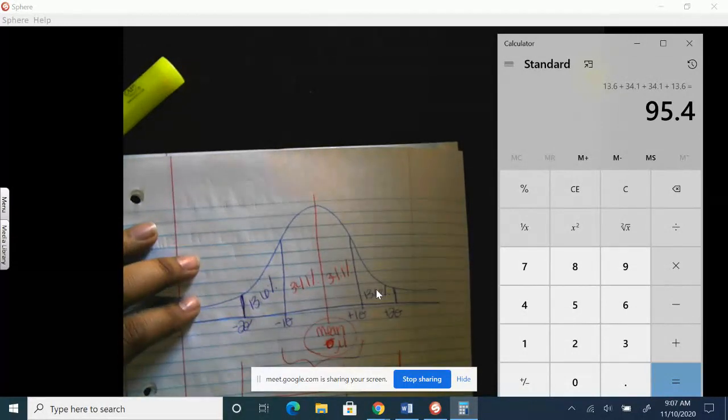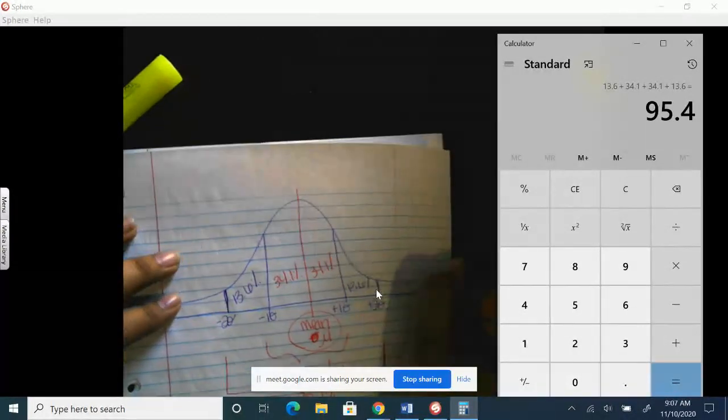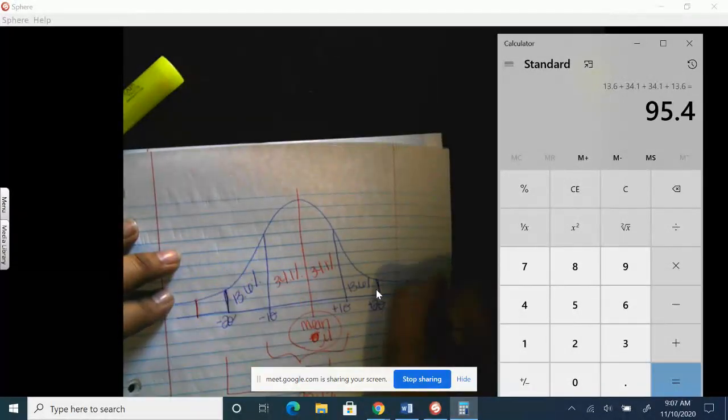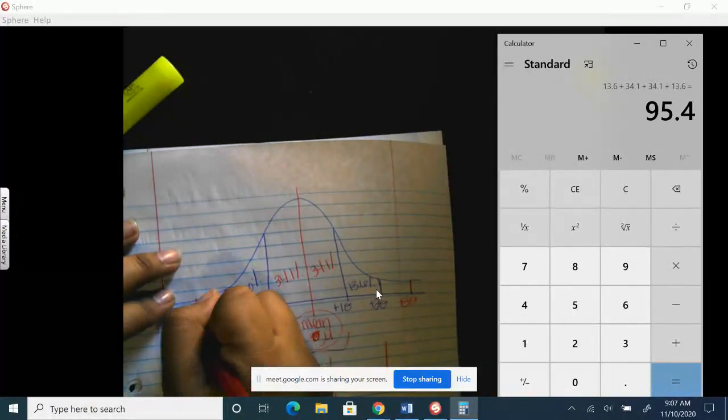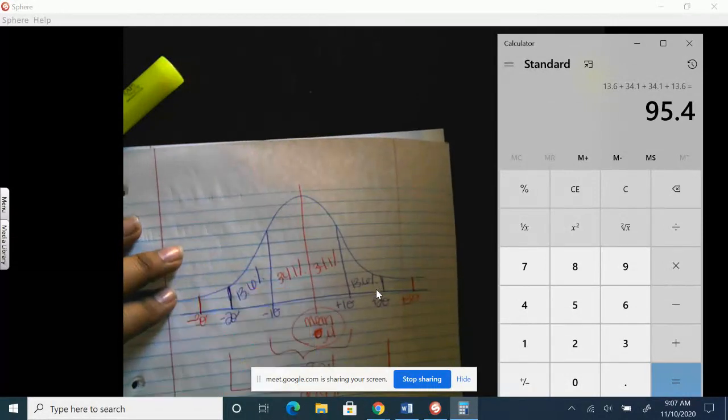Now, when we get to 3 standard deviations, which is very rare, again, to the right, we would add 3 standard deviations, and then to the left, we would subtract 3.